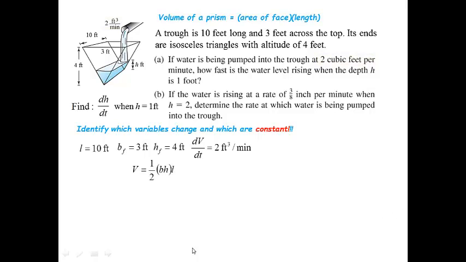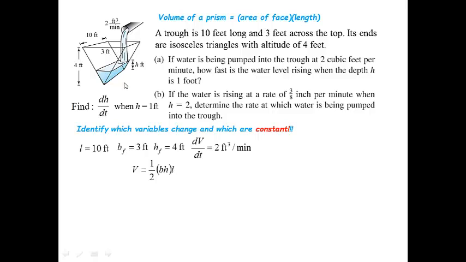All right, next we have the volume equation of a prism. The volume of any prism is equal to the surface area times the length. How much can fit in here depends on how long this is times how much area it is.